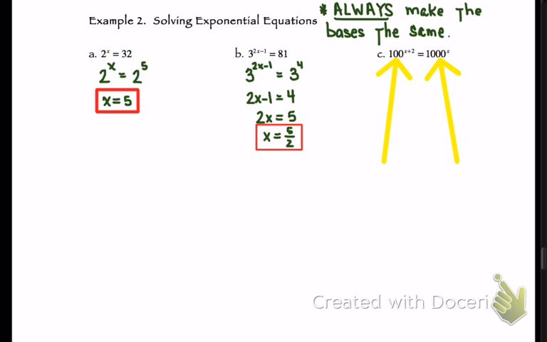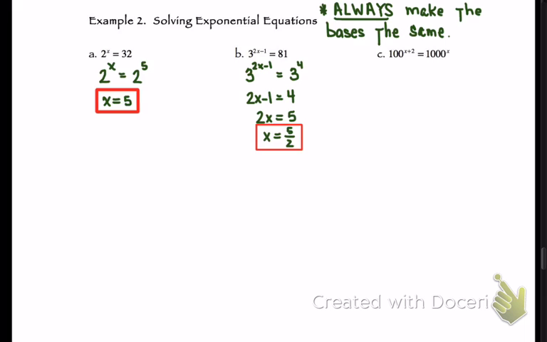So before, I only had to change one side to make them the same, but I'm thinking 100 to a certain power isn't going to give me 1,000. Like 100 to some number isn't 1,000, it's just not going to work.